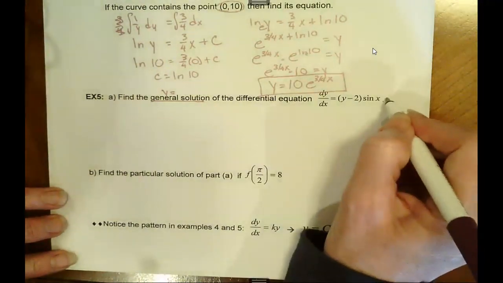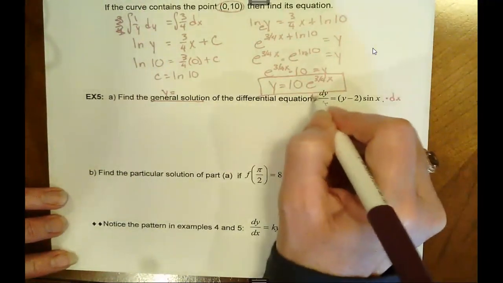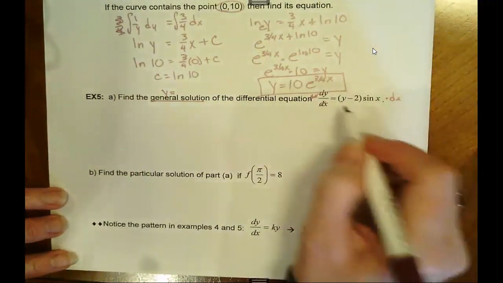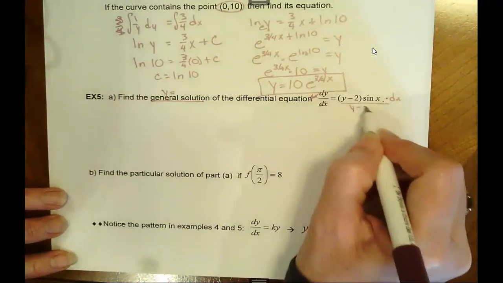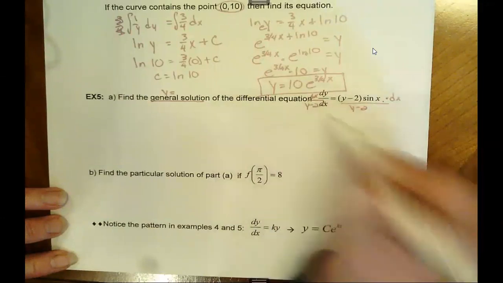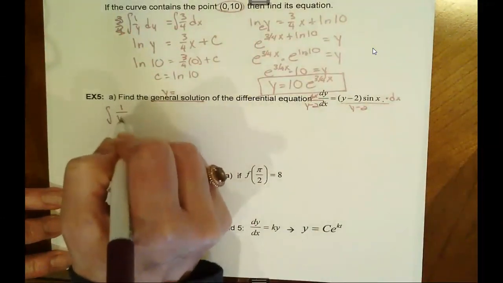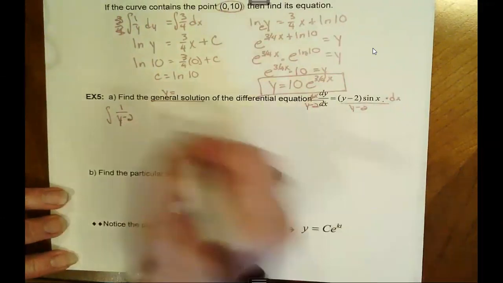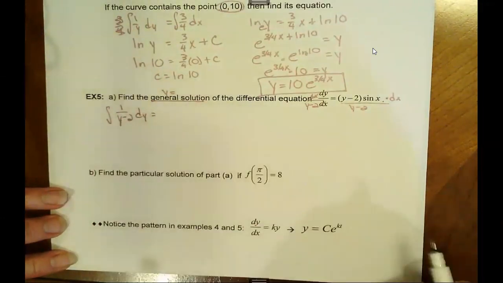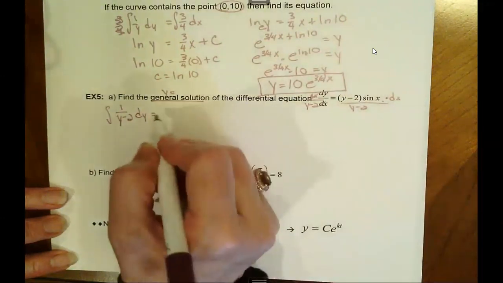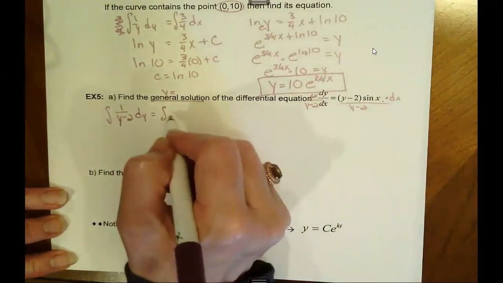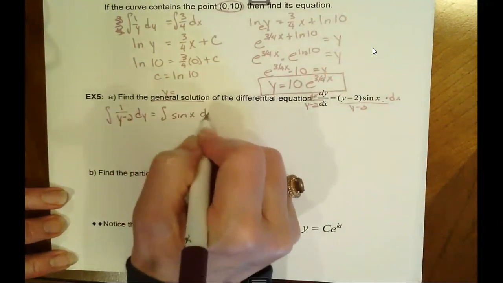We're going to multiply this by dx, get rid of our dx, and then divide both sides by y minus 2. So we have the integral of 1 over y minus 2 dy equals the integral of sine x dx.